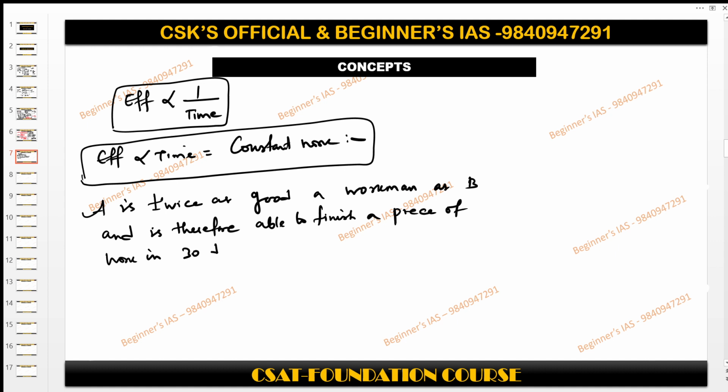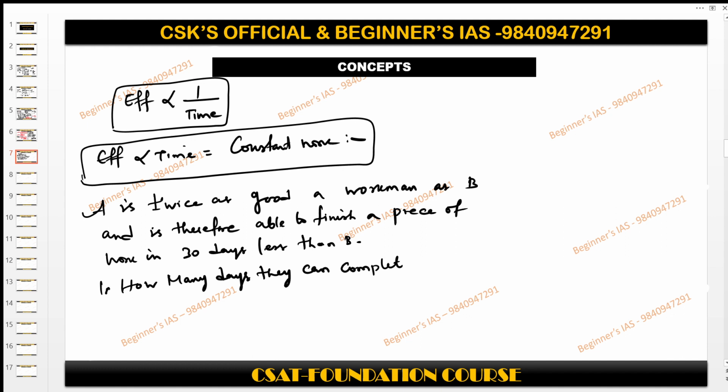A piece of work in 30 days, less than B, less than B. Now, how many days can they complete the whole work, working together?